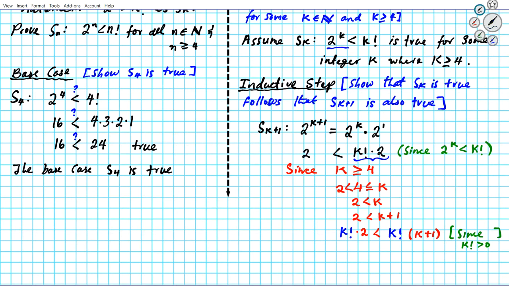You know what? Let me just write this here so it's easy for you to see what's going on. All right, so 2 to the k plus 1 is less than this, and this is less than that. Using the transitive property of inequality, it follows that 2 to the k plus 1 is what? It has to be less than k factorial times k plus 1.